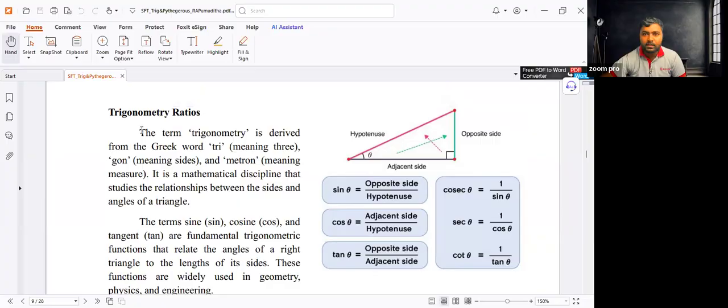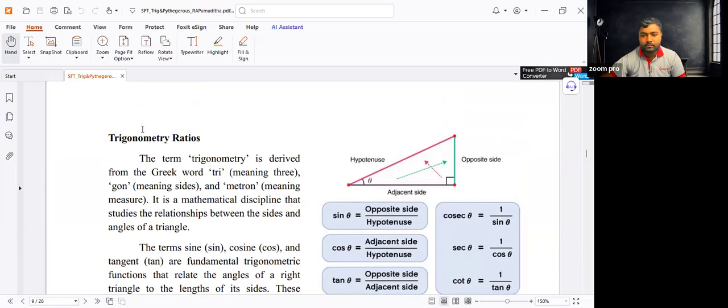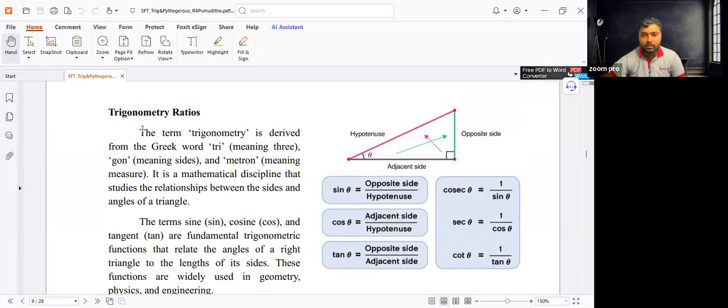The same theory is applied here. But the calculation we are doing is somewhat more advanced than the O level, but the theory is the same. Same three equations are used. Okay, then write the next topic as trigonometry ratios.